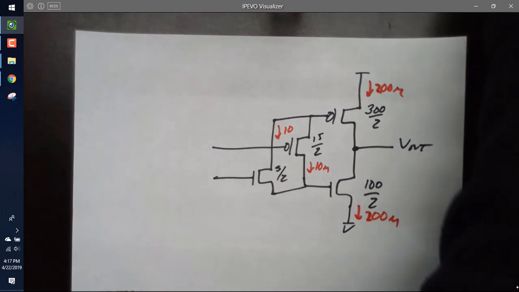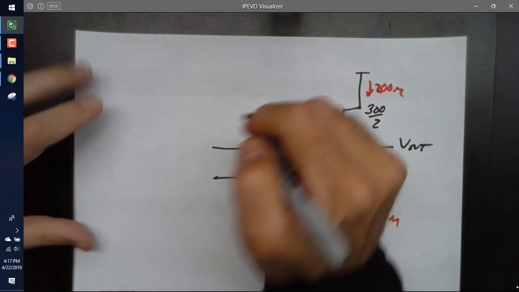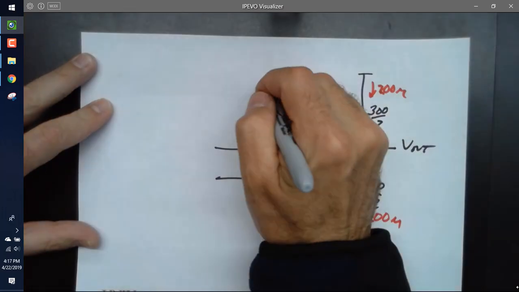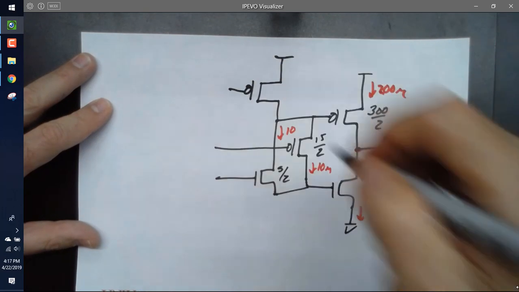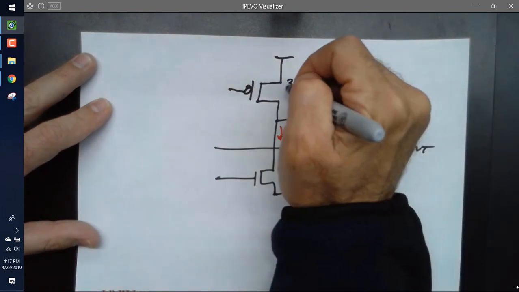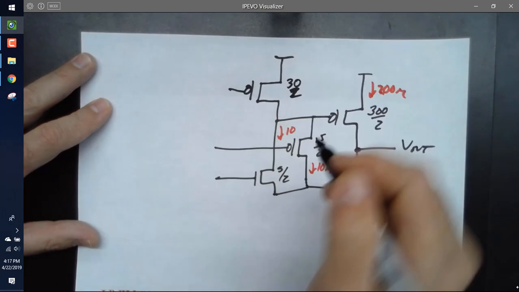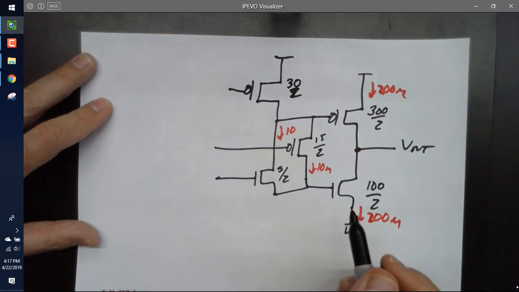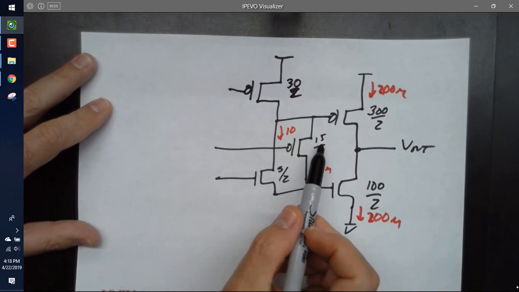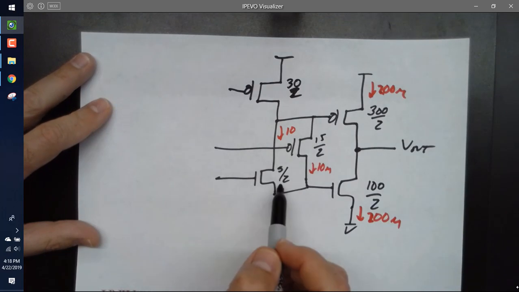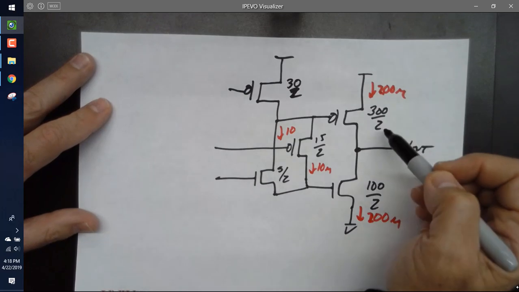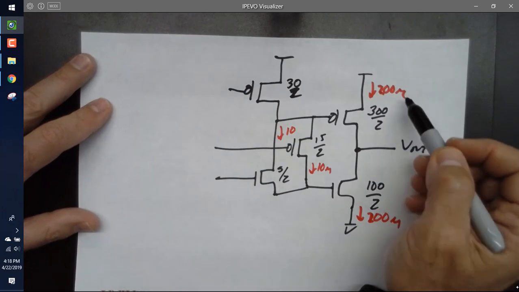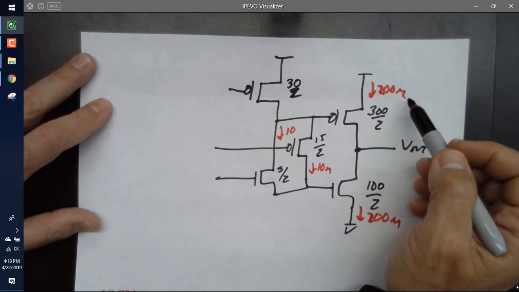Now, I'm going to finish my schematic. I'm going to come up here, and I'm going to put a 30/2 device. Why is that 200? Isn't the table the bias current for a 30/2 and a 10/2 20 microamps? Oh, yeah. So 300/2 would be 10 times that, or 200 microamps.